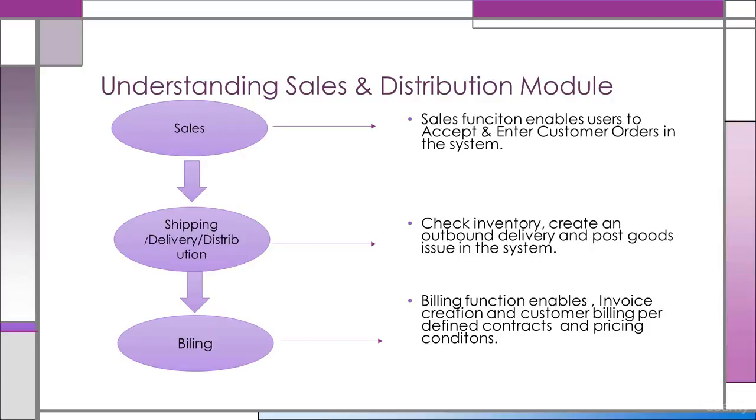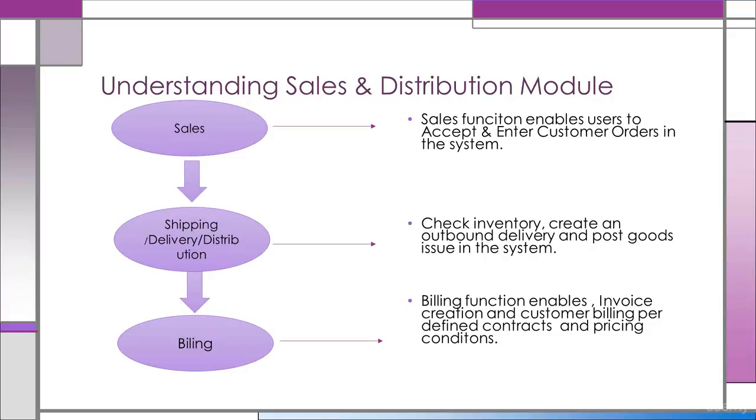If it is available, then you create an outbound delivery, right? You need to create a delivery, a packing slip has to be delivered, and once the outbound delivery is created, then you post the goods issue. You have to say that okay, the product is available, and we have created a packing slip. Next is to post the goods issue, which basically means the goods are ready for issuing. Those things are to be updated in the system.